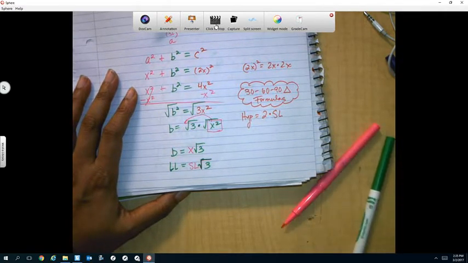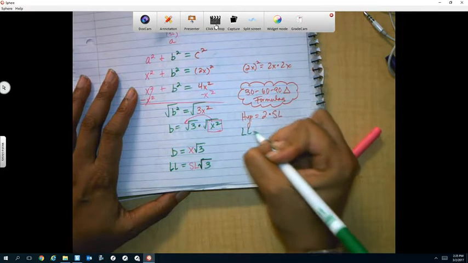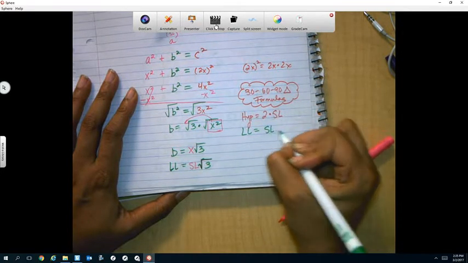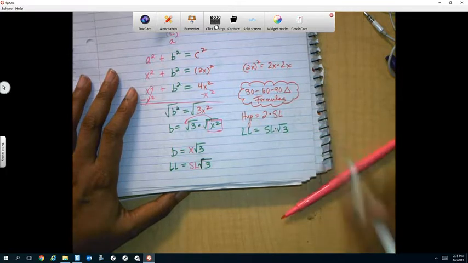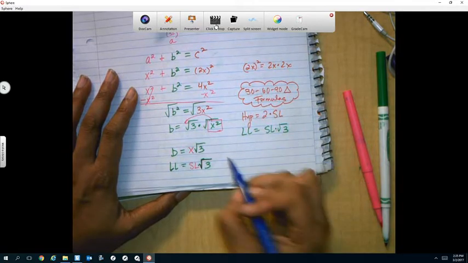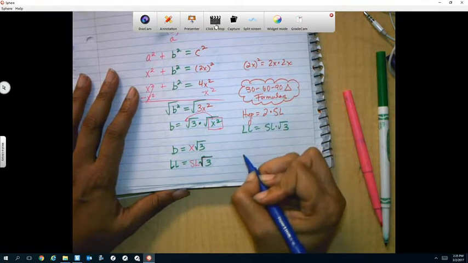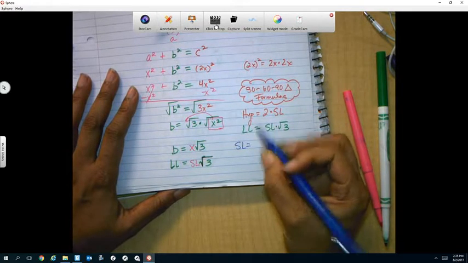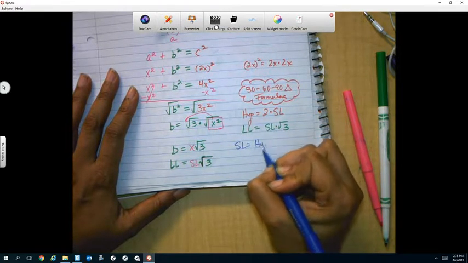Your long leg is whatever the short leg is times the square root of 3. Now, there are going to be times where you have to work backwards. So if I was trying to find the short leg, one way, depending on what's given to you, the short leg is your hypotenuse divided by 2.